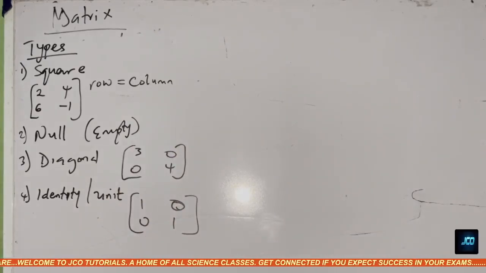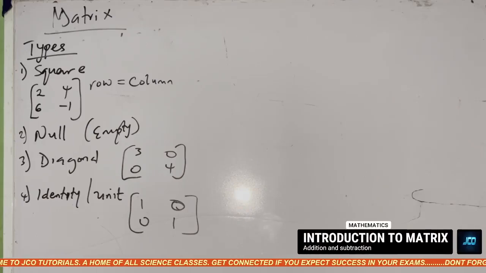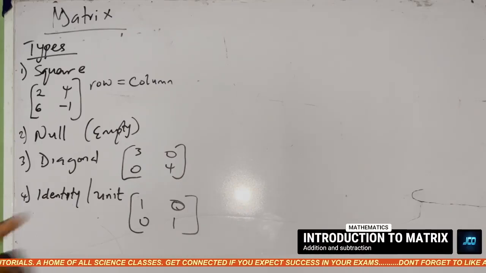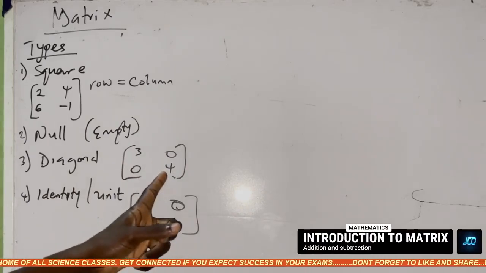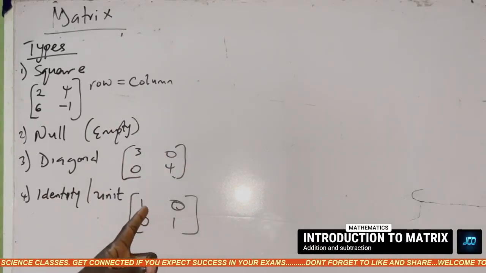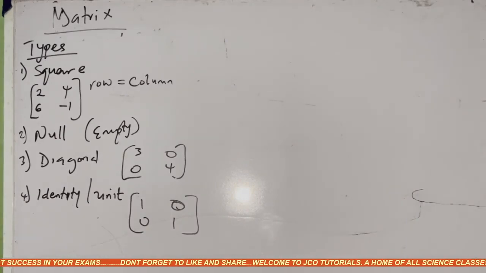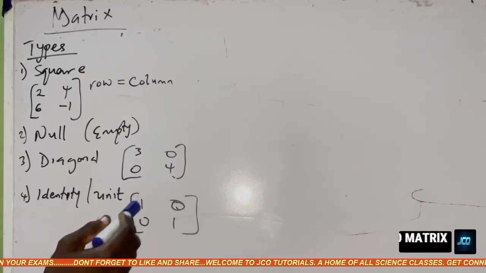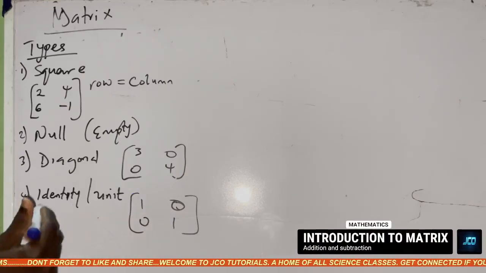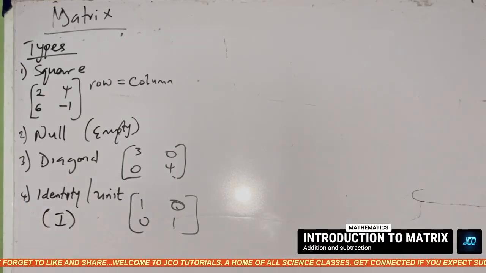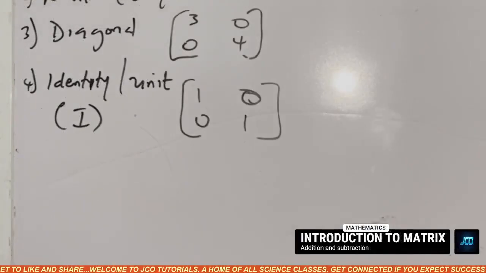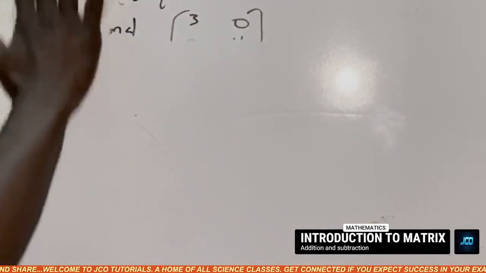But when you go to the main diagonal, it has numbers. They need not be 1, but for a unit matrix, the main diagonal must be 1. And in such a case, that unit matrix could be called what? I, the identity matrix.